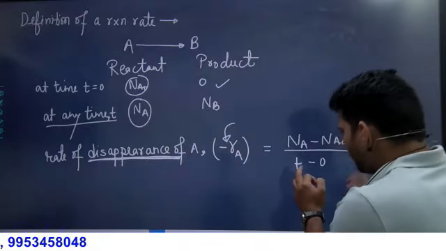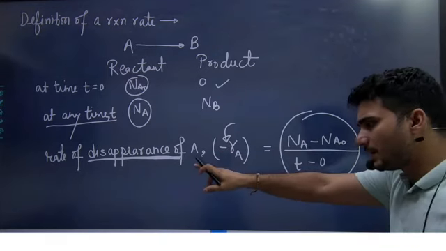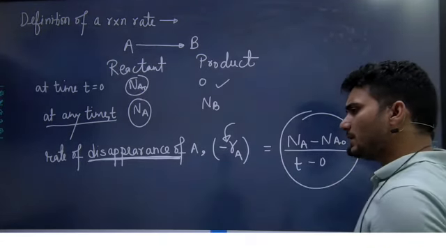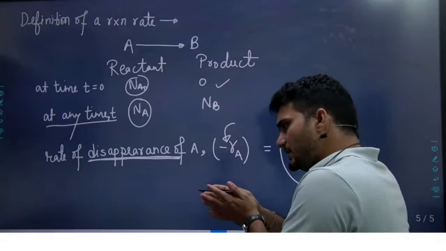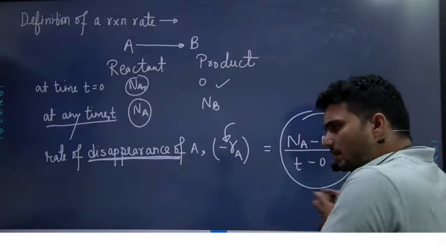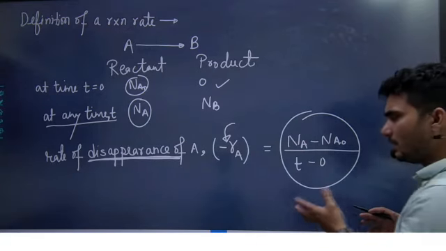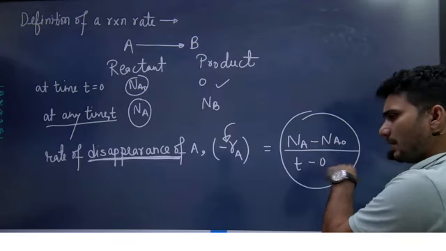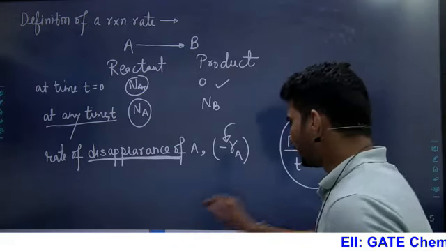What we are finding is that this term is negative, but a rate cannot be negative. Can you say, sir, the speed of your vehicle is minus 30 kilometers per hour? So we will make this rate positive, just by multiplying with a negative sign.